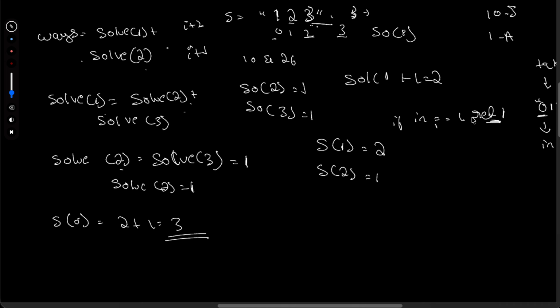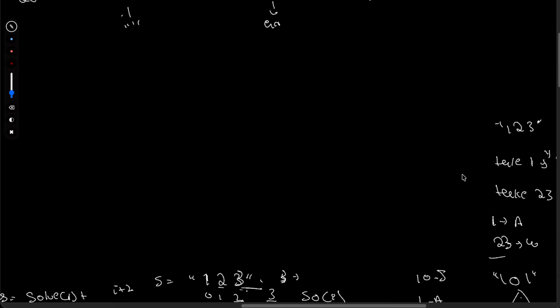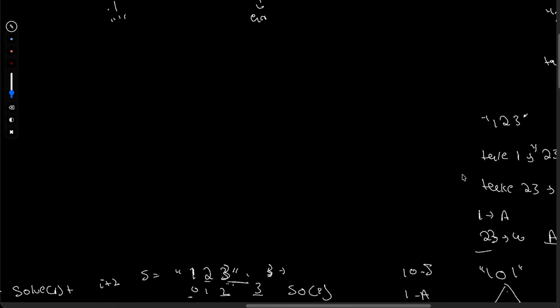So let's take another example. If we have 101, the length is 3. So solve of 0 means how many ways from index 0.